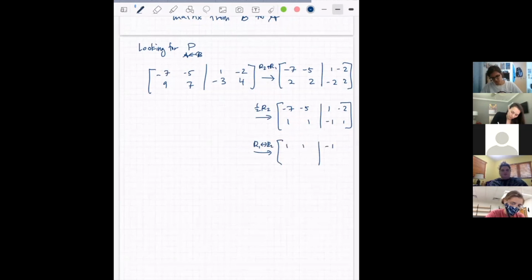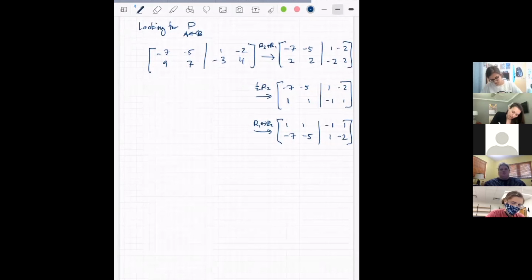So 1, 1, minus 1, 1, 1, minus 2. And we'll do row 2 plus 7 times row 1.